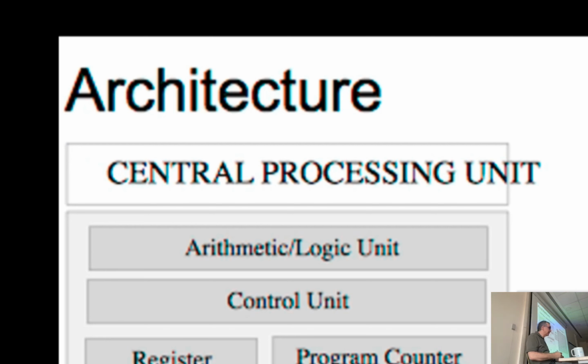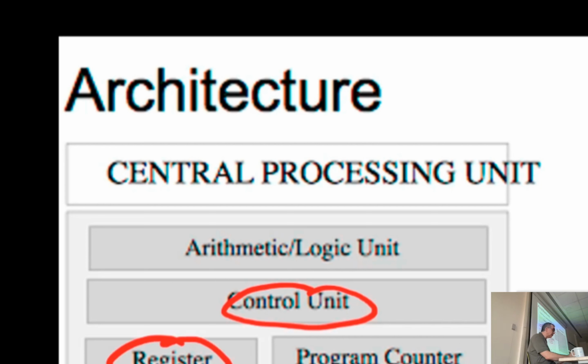At each crank, this instruction is understood, whatever there is, it is understood and implemented by the supervision of the control unit, and operations are done on registers through the arithmetic logic unit. Either add or XOR or negate or whatever.